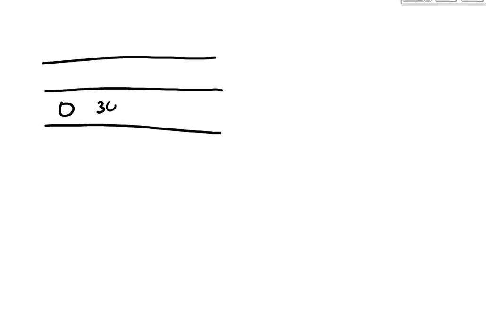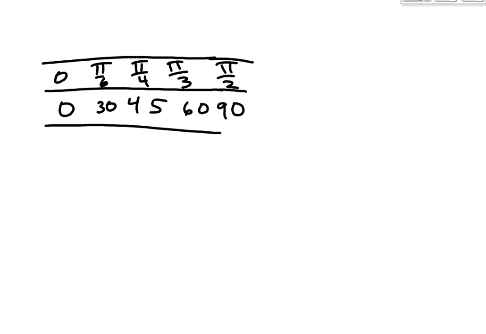So I'm just going to remind you of your table of values that are 0, 30, 45, 60, and 90. And in radians, 0, pi over 6, pi over 4, pi over 3, and pi over 2.